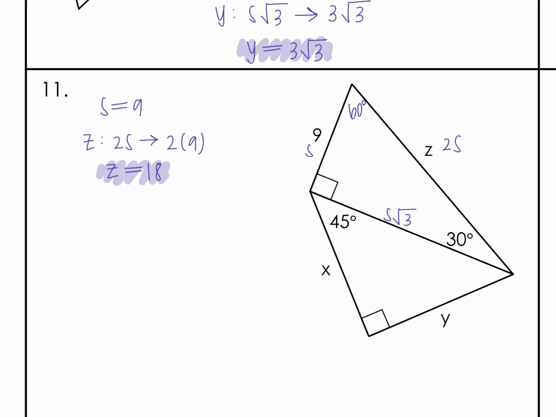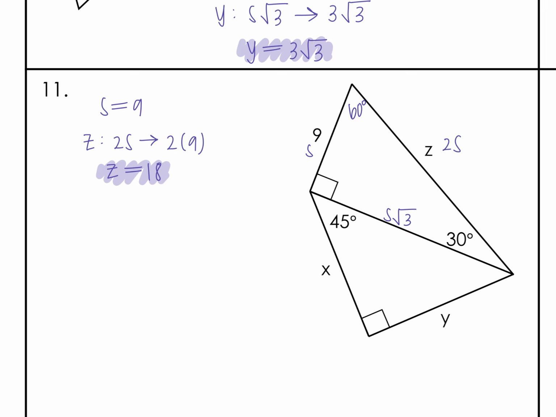Now, it is also very helpful, even though it's not a variable labeled, for us to find our s root 3, because we are going to be using that side length as the only side that we'll know in the 45, 45, 90. So I do need to figure that one out as well.